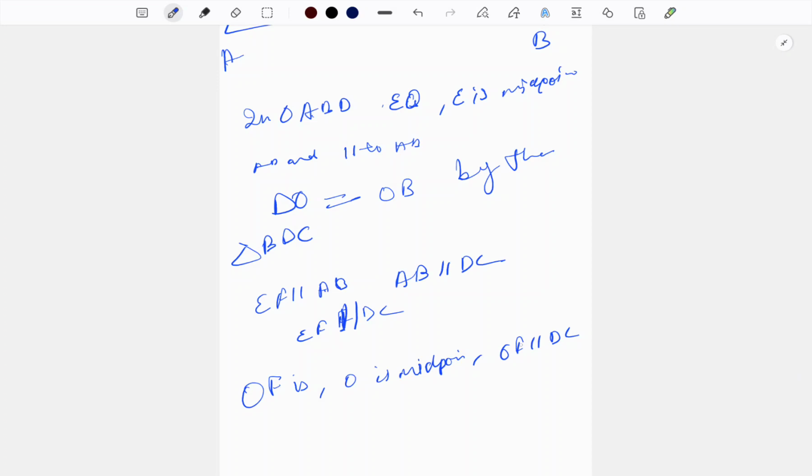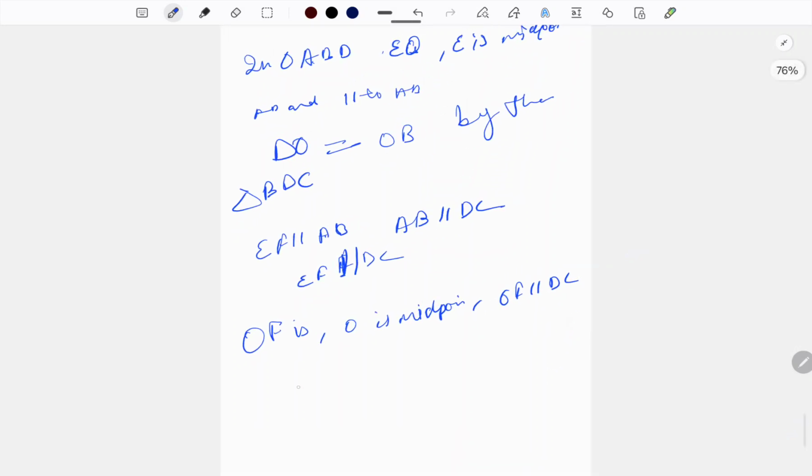We can write OF or EF, anything. OF is parallel to DC and therefore CF is equal to FB by theorem. And this is how we can prove this.